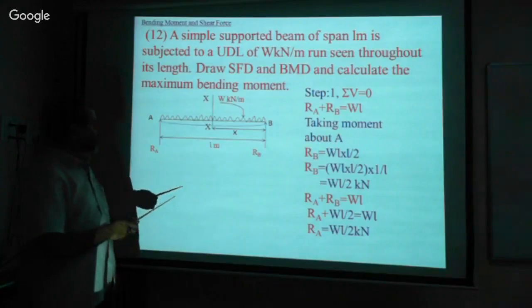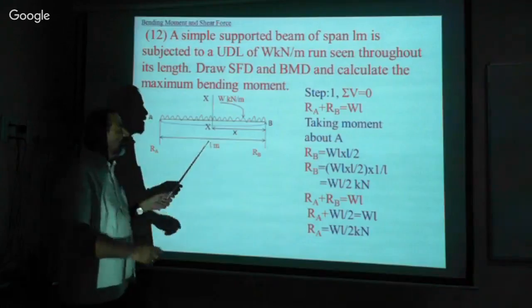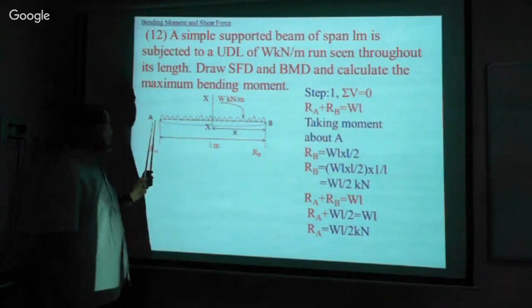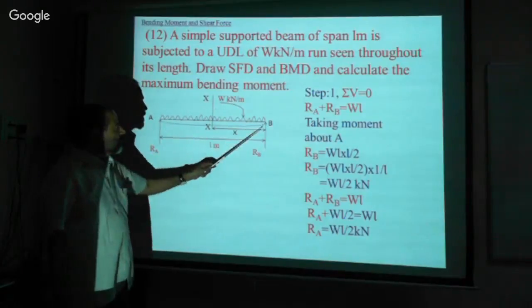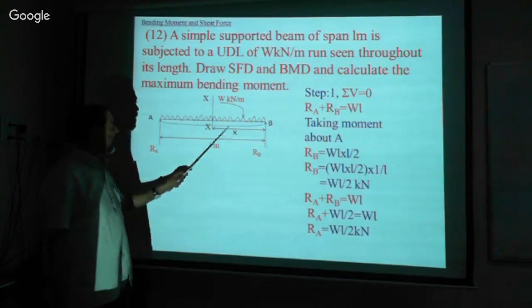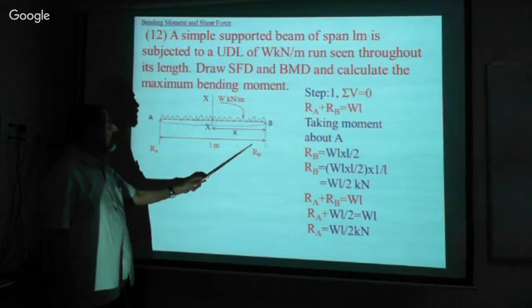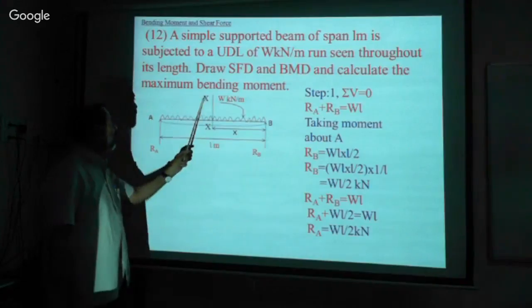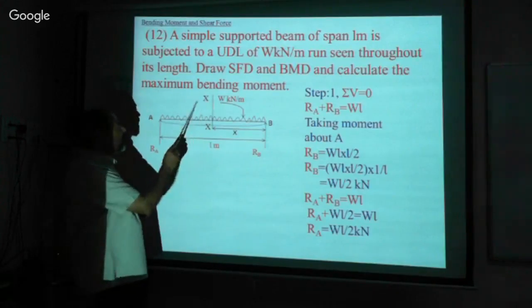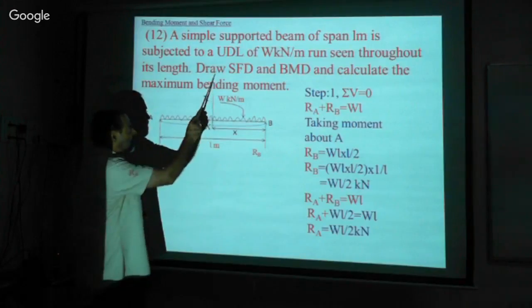When sigma MA is equal to 0, that is RB multiplied by distance, RB into L, minus WL into L by 2, because WL is the total load, which is acting at the center.